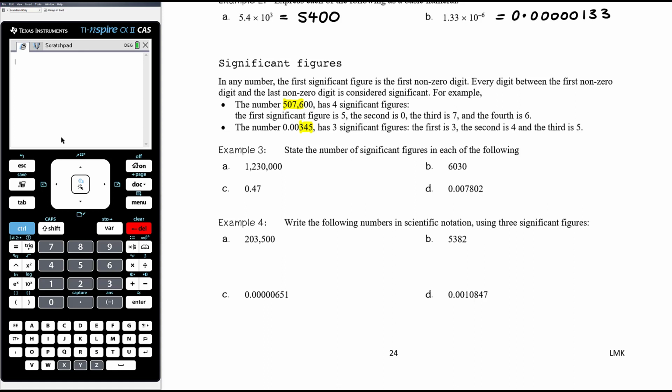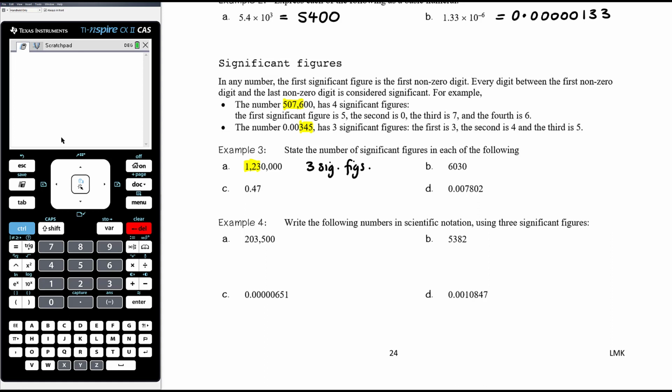Okay, so example 3, state the number of significant figures in each of the following. Okay, so in part A, the first non-zero digit is 1, the last non-zero digit is 3, and so these are the significant figures. So this has 3 sig figs. Okay.